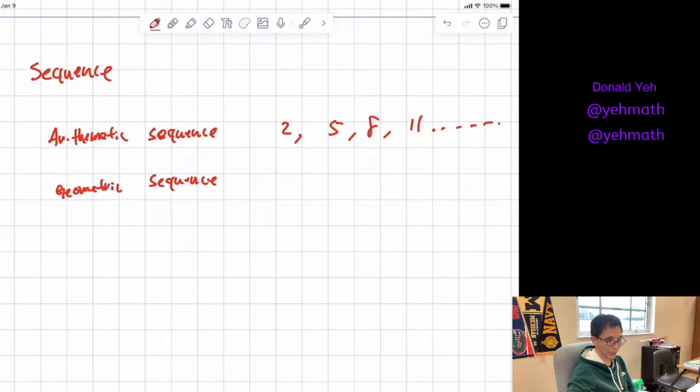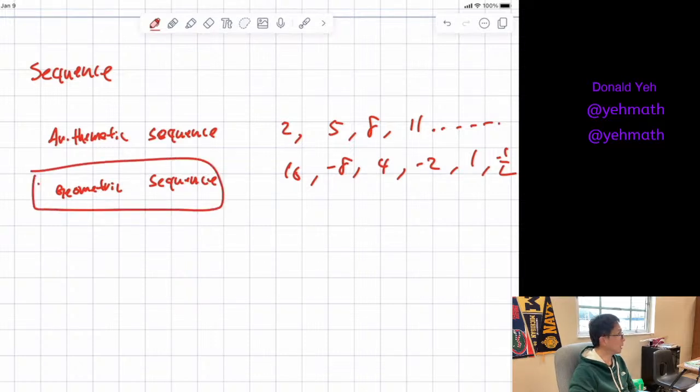For example, 16, -8, 4, -2, 1, -1/2. This is a geometric sequence, which we're going to deal with more, because later on we're going to deal with something called geometric series. But today, on the first day, we only deal with sequences.